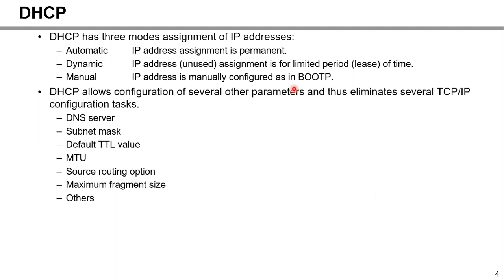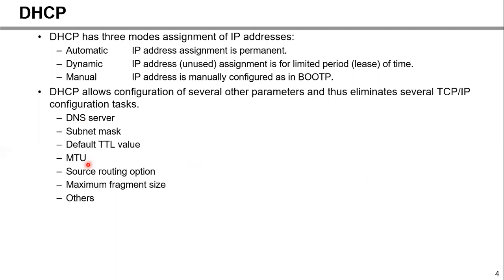So it's a time to live value for a particular message. Whenever DHCP is assigning any IP address, there is a time to live value. Then MTU is maximum transfer unit.